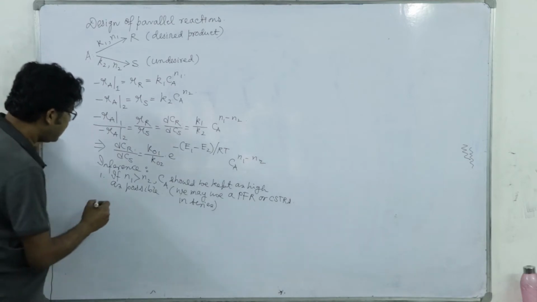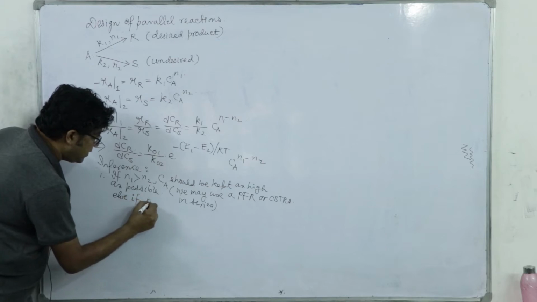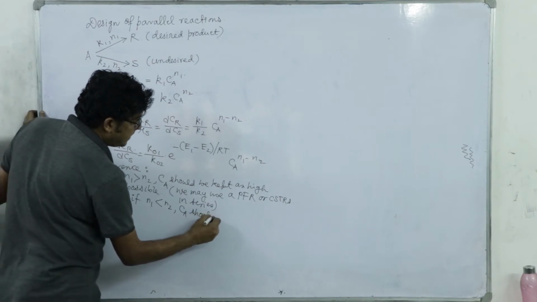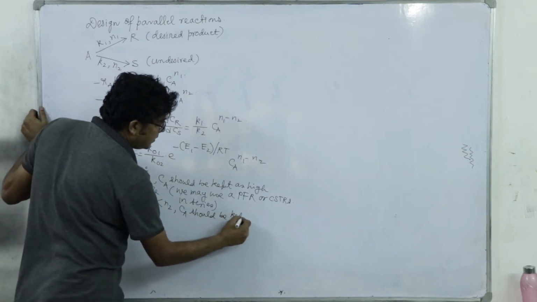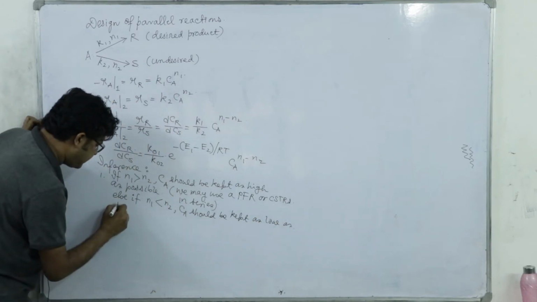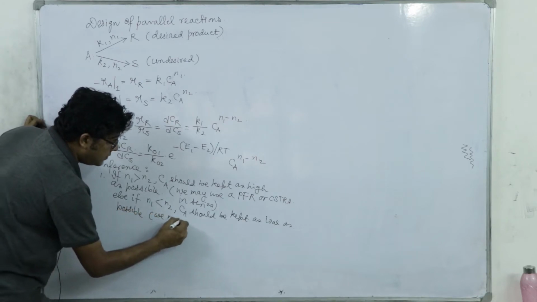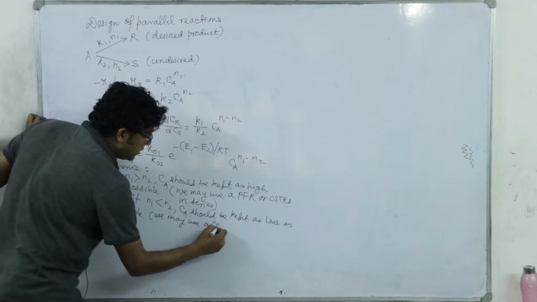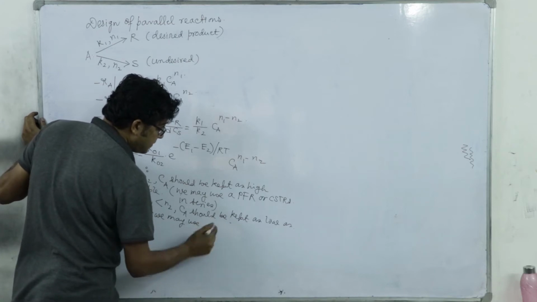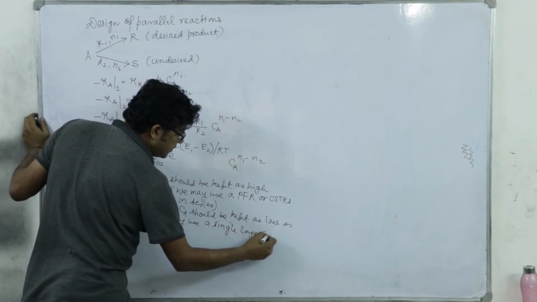Next, else if N1 is less than N2, Ca should be kept as low as possible. So here we may use a single large CSTR.